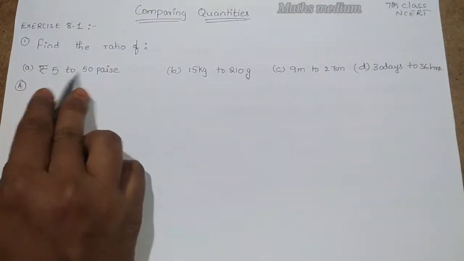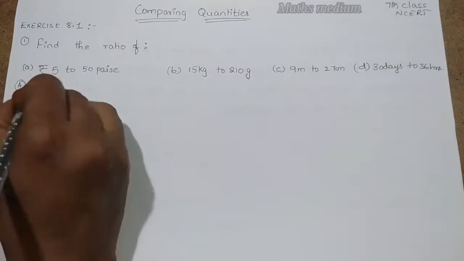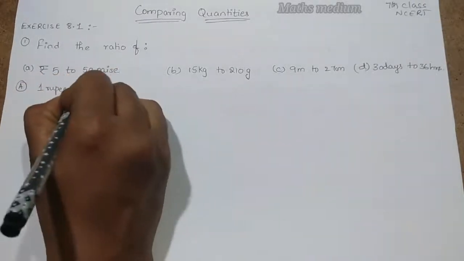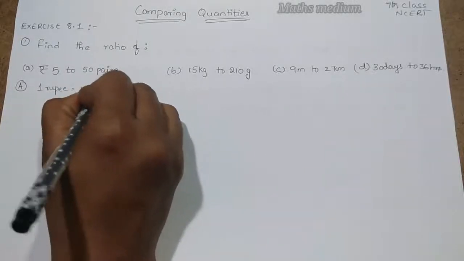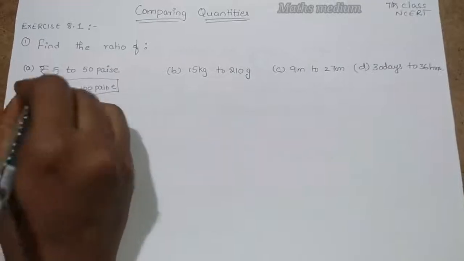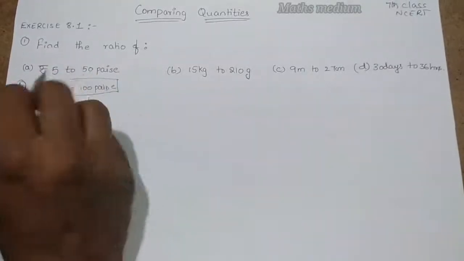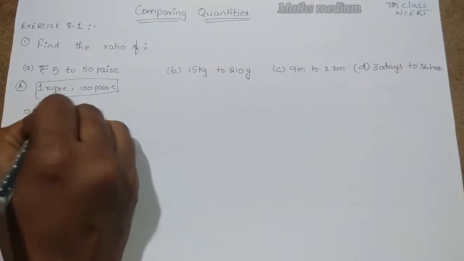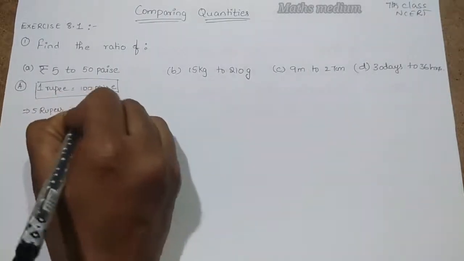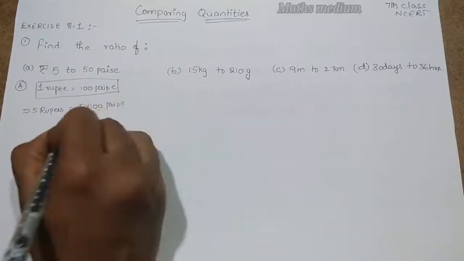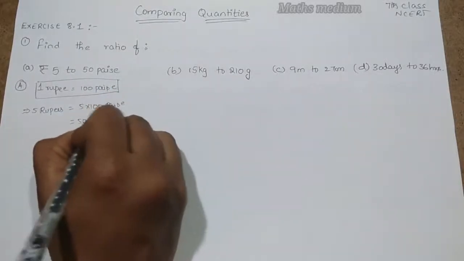5 rupees to 50 paise. We know that 1 rupee is equal to 100 paise. From this, we can find the ratio of these two. So, 5 rupees means 5 into 100 paise, so we get 500 paise.